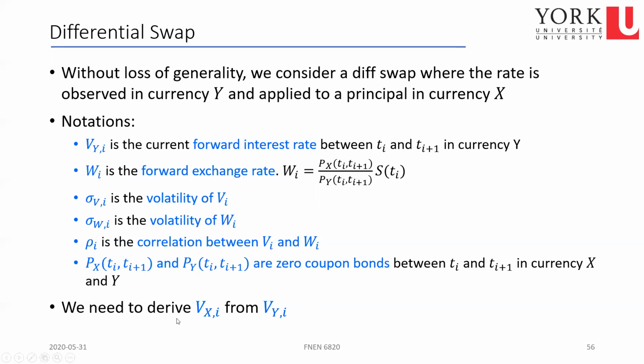And we, however, need to derive this VX from VY, because we observe a rate that is in currency Y, but what we really need is the corresponding rate if you use a different numeraire.